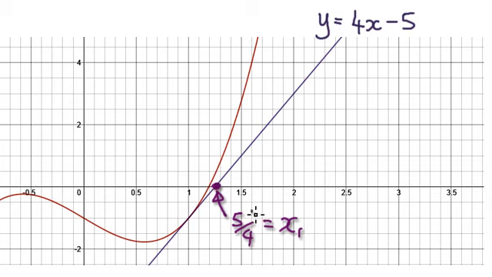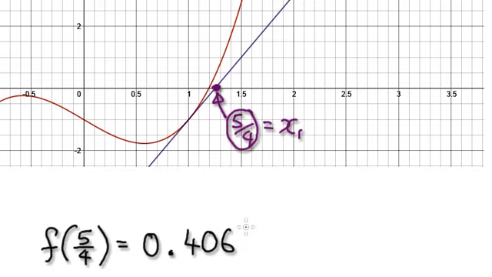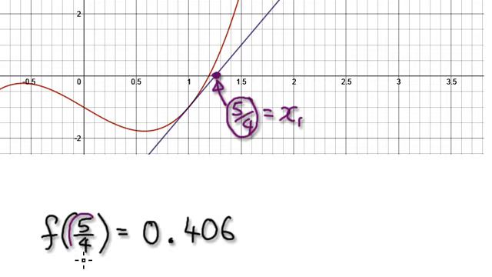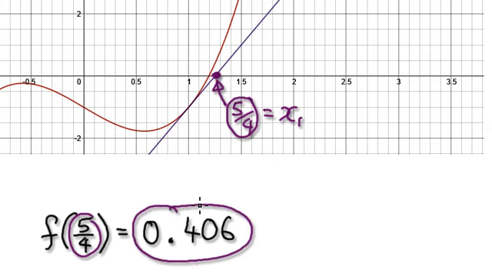Anyway, start with our next guess being 5 over 4. Put 5 over 4 into the original function, and that will give you this. So from 5 over 4, our next guess, put it into the original function, and that will jump straight to here.